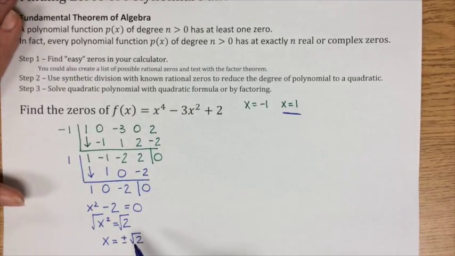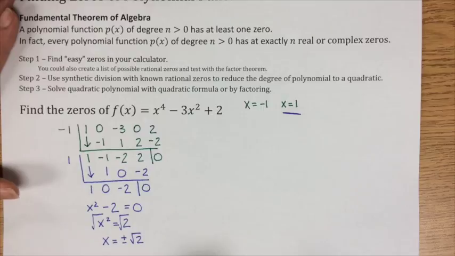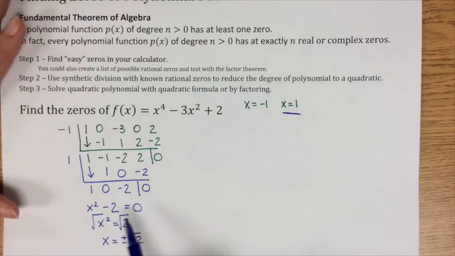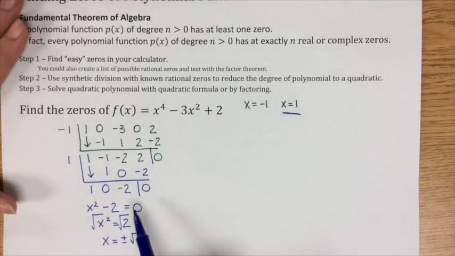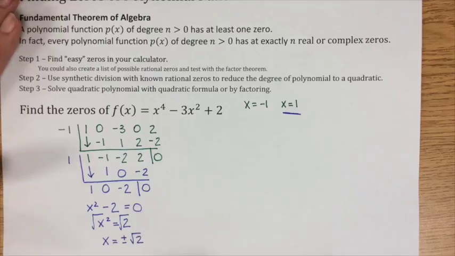Anytime you do the square root of an x squared, you have to account for the positive and the negative. And so if you have a quadratic like this and you use the quadratic formula, you should have two answers. X squared, the 2, the degree, tells you you should be able to get 2 zeros out of that, and we have. We can easily write all of our zeros as a list.